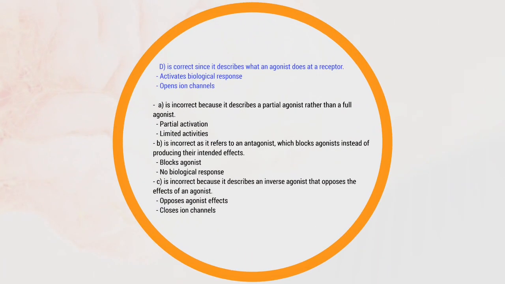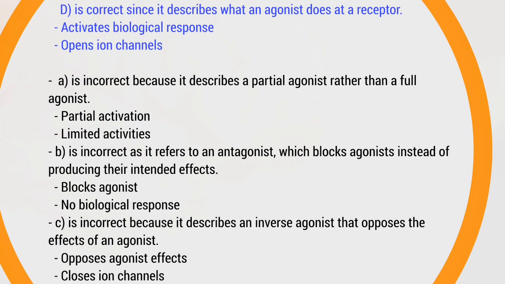Well, if you picked D, you got it correct, since it describes what the agonist does at the receptor: it activates a biological response and opens the ion channel. A is incorrect because it describes a partial agonist.